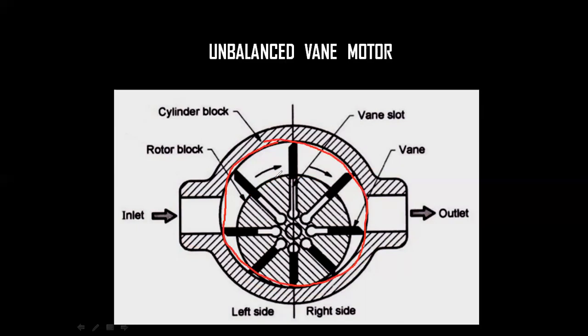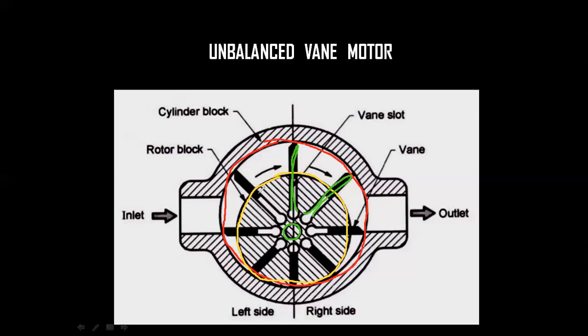The rotor is the rotating part of this motor. Inside the rotor you have the vanes, which are nothing but curved blades present inside the rotor.